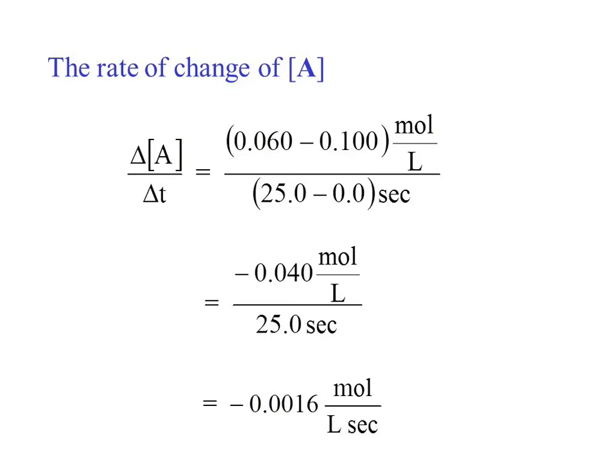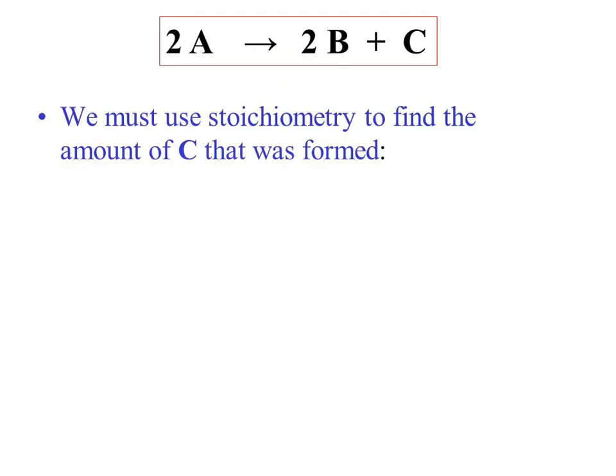Now we're supposed to come up, for the same interval, with the rate of change of C. So basically, we need to find what the concentration of C was at time zero. What was the concentration of C at time zero? 0, right, very good. And we also need to know how much C we had formed after 25 seconds.